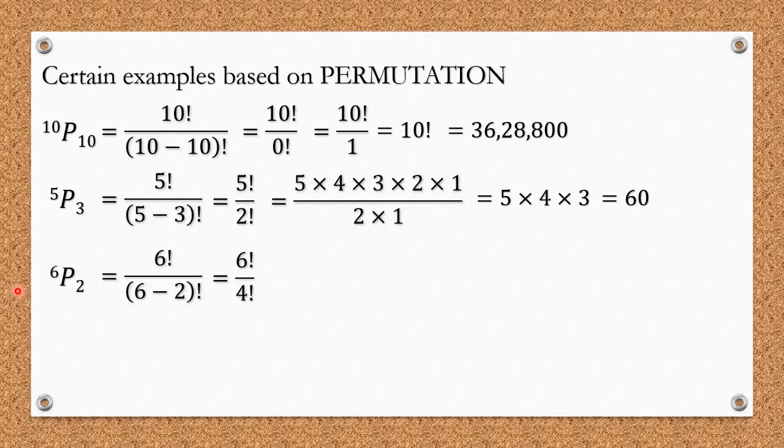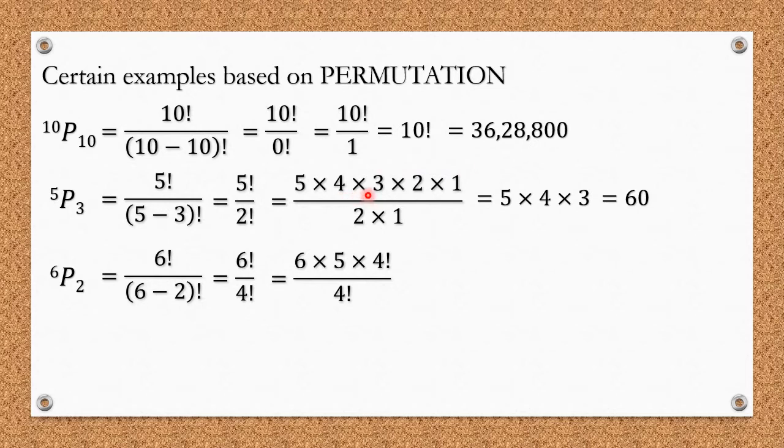Now I am going to try something different here. 6 factorial I am going to expand not as 6, 5, 4, 3, 2, 1 but as just 6 into 5 into 4 factorial divided by 4 factorial. Now how did I do this? Just look here. This is 5 into 4 into 3 into 2 into 1. Now if I just take 4 3 2 1, it actually means 4 factorial.